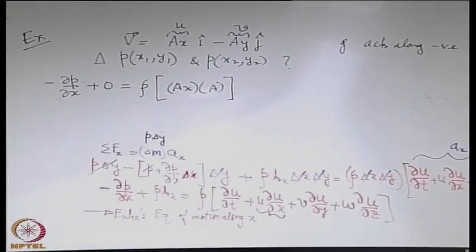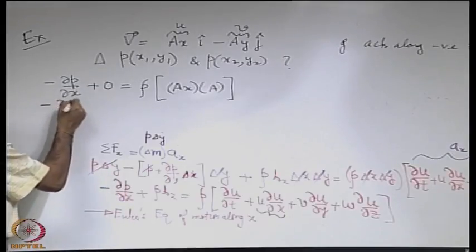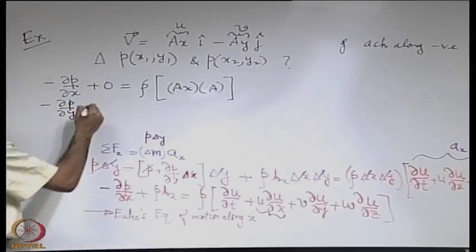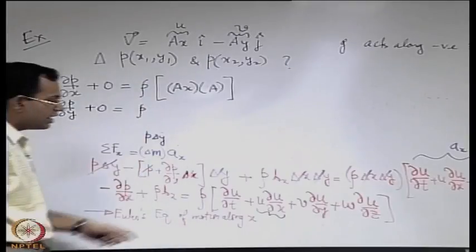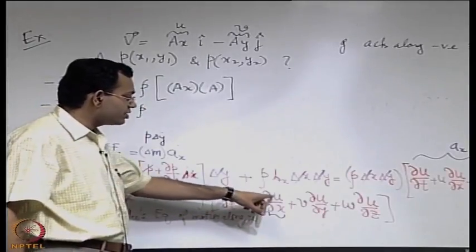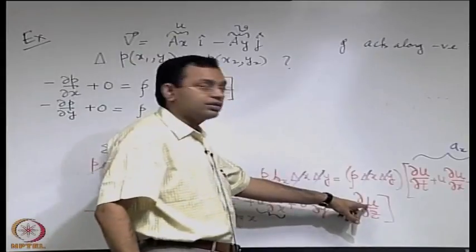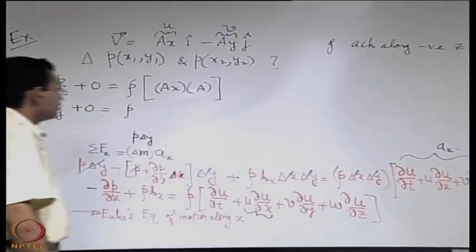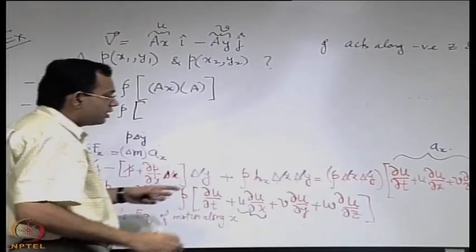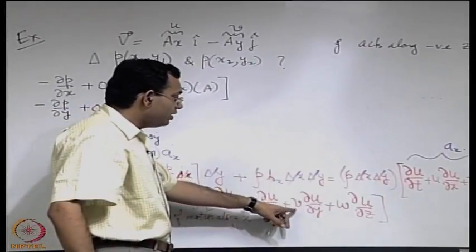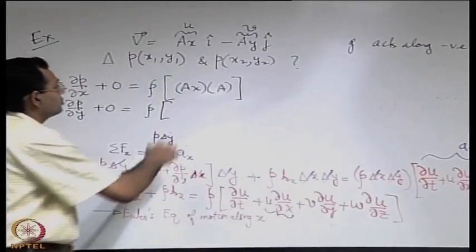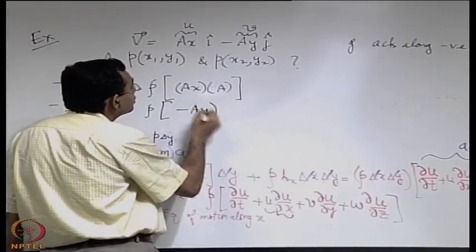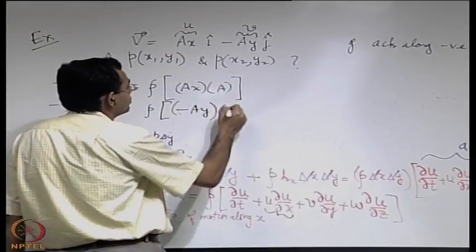What will be the equation of motion along y? It will be similar to this, there is no body force along y, and on the right hand side, u is only going to be replaced with v. So the term that will remain relevant is only v into the partial derivative of v with respect to y. So it is minus ay into minus a.